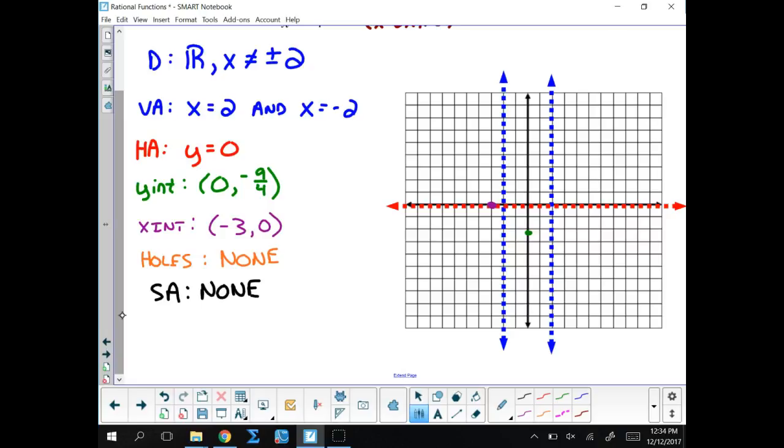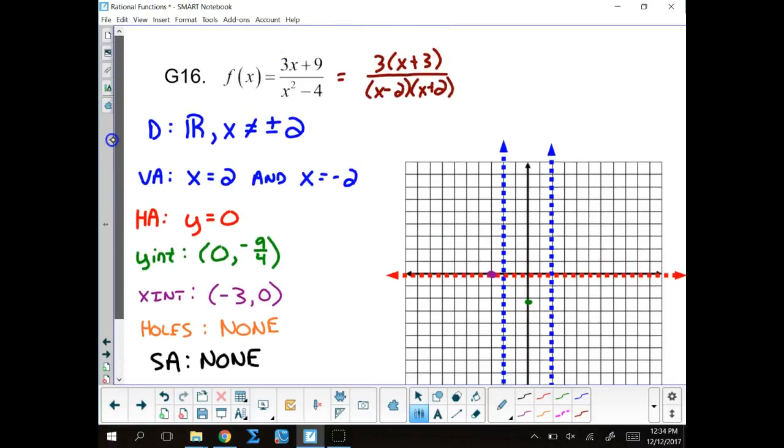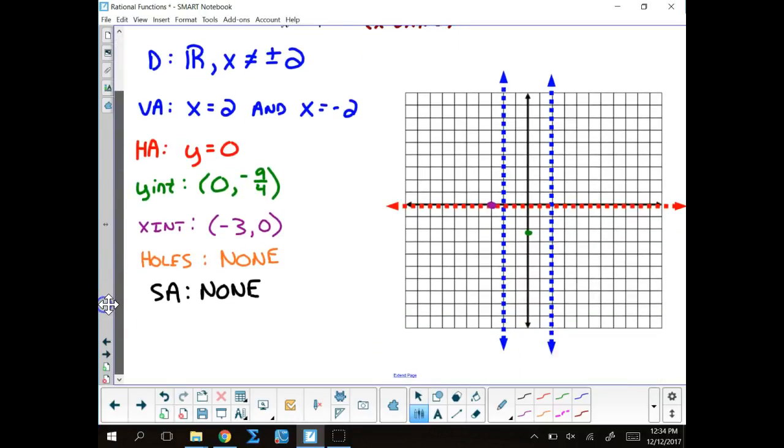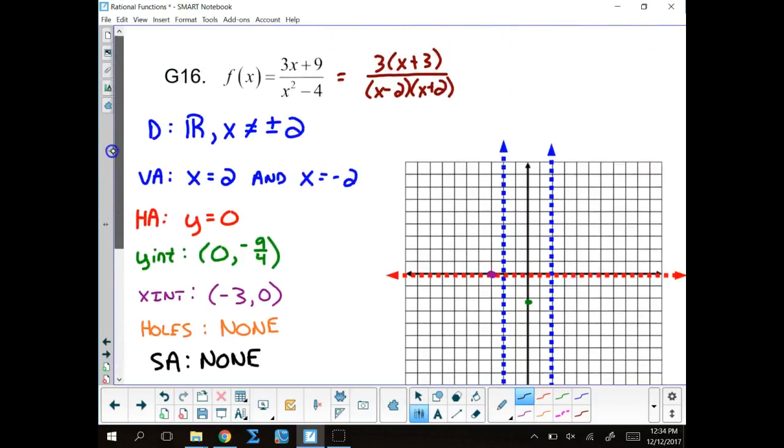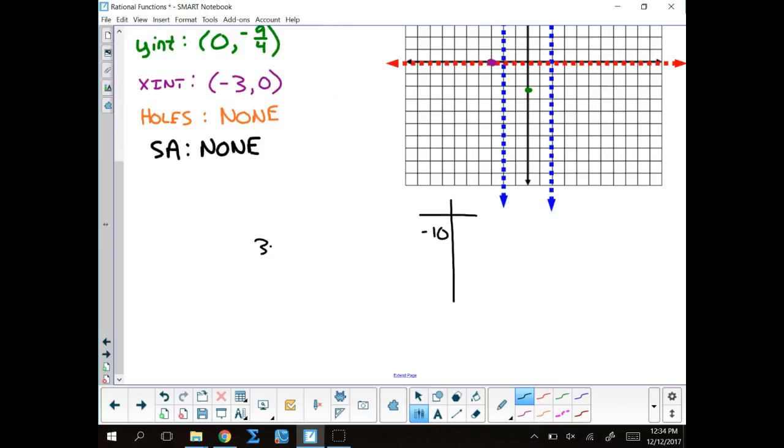So we've got to come up with some different points then, right? Yeah. So let's go with negative 10. If I go with negative 10, I'm going to rewrite my function down here: 3x plus 9 over x squared minus 4.